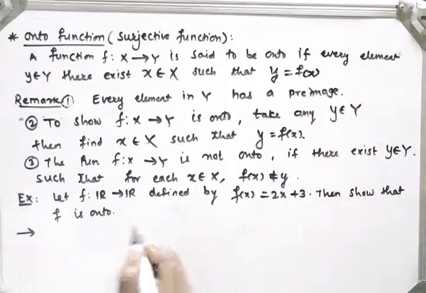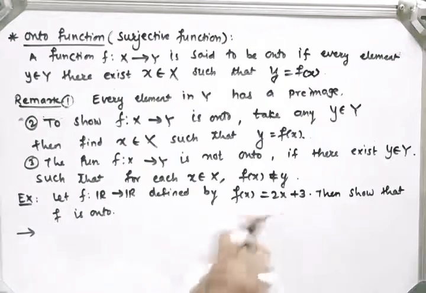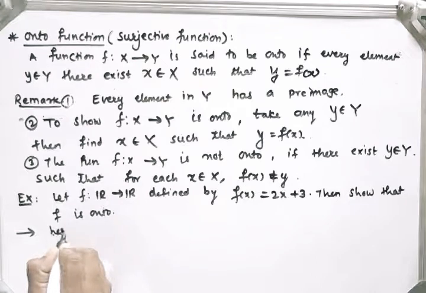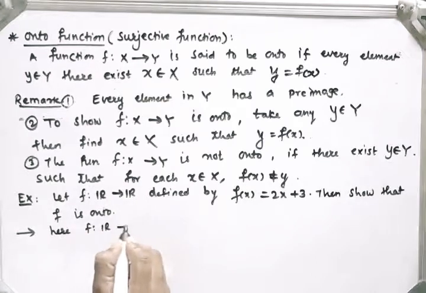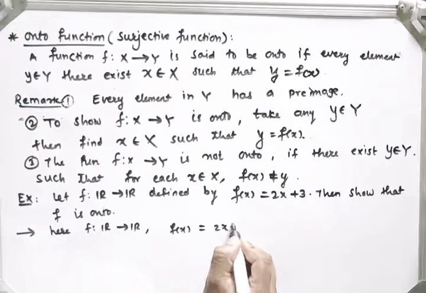So here f of x is equal to 2x plus 3, the domain is R and the codomain is R. So here f from R to R, and f of x is equal to 2x plus 3.